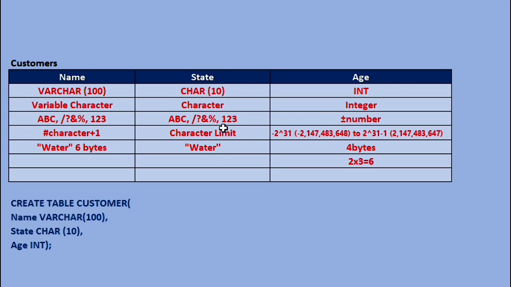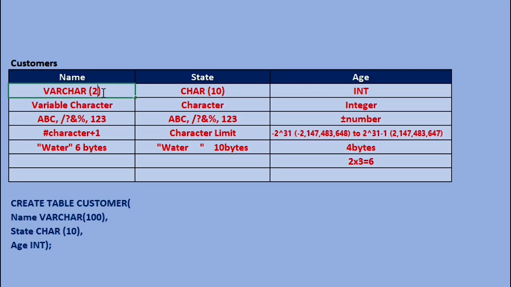So by assigning a character limit of 10, the computer has to add an additional 5 characters to our string to make it 10 characters. So it will add 5 spaces to fill up that gap. Therefore, regardless of how many characters our string has, the total memory used in the system will be 10 bytes. So as you can see here, the memory usage under char will be more in this case.